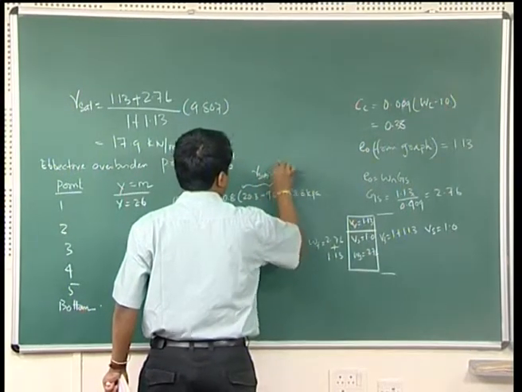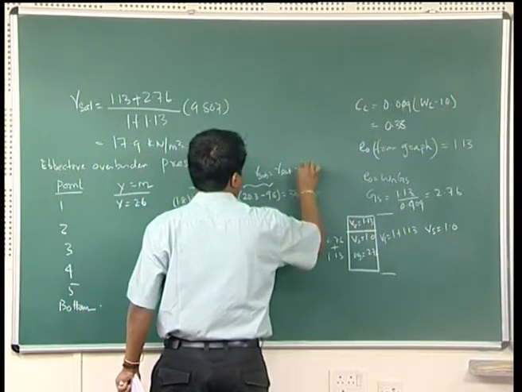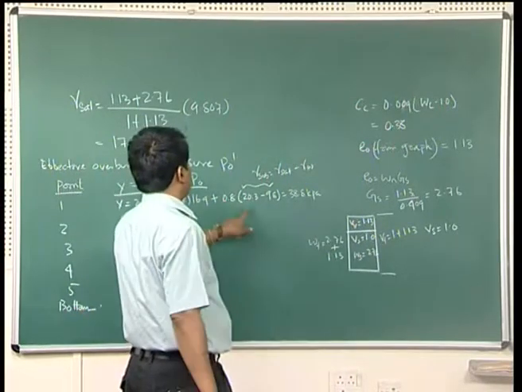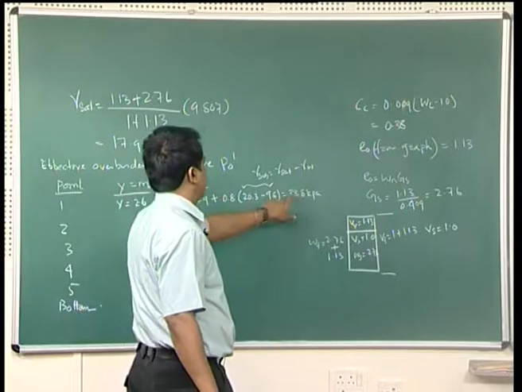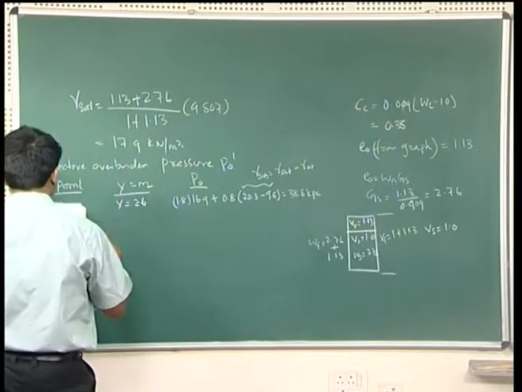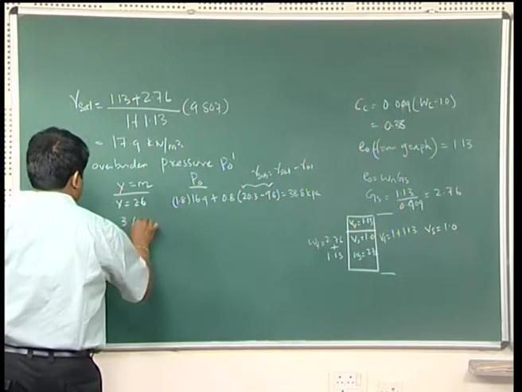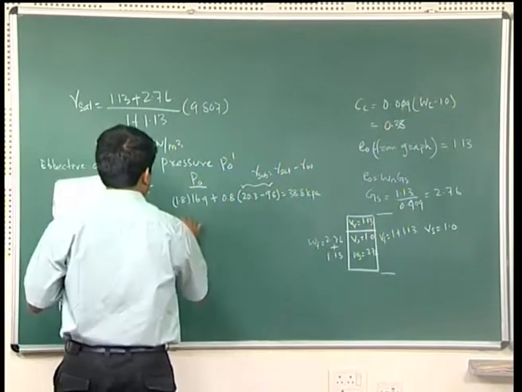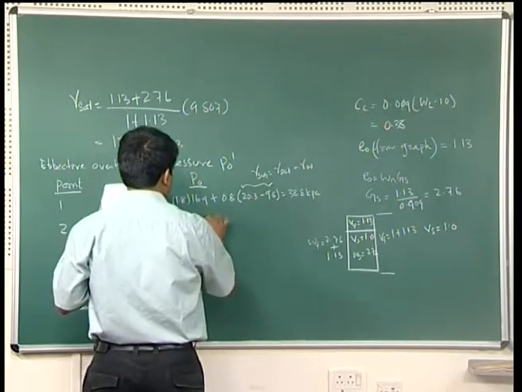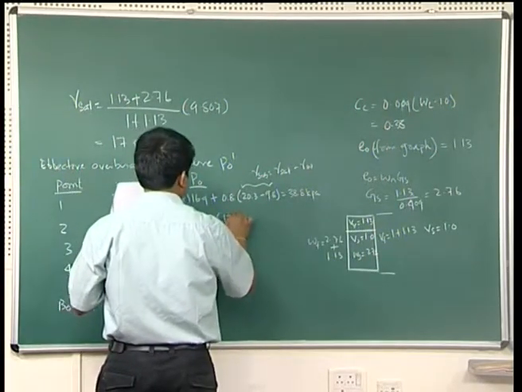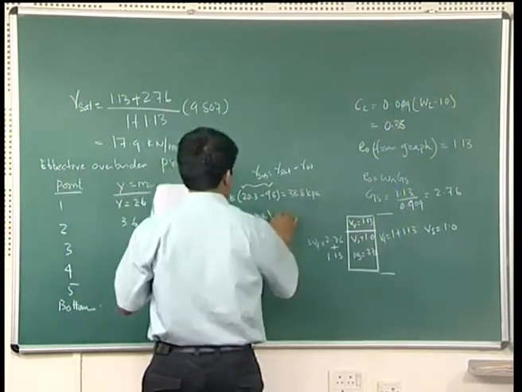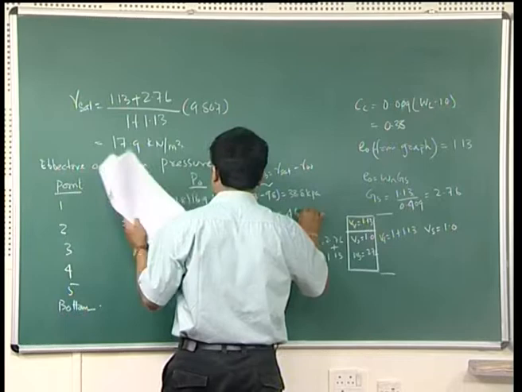Gamma submerged is equal to gamma saturated minus gamma W. So, 20.3 minus 9.8, this will give 38.8. Now, second point is your 3.6. So, it will be 38.8 plus 1 into 17.9 minus 9.8, which is equal to 46.9.